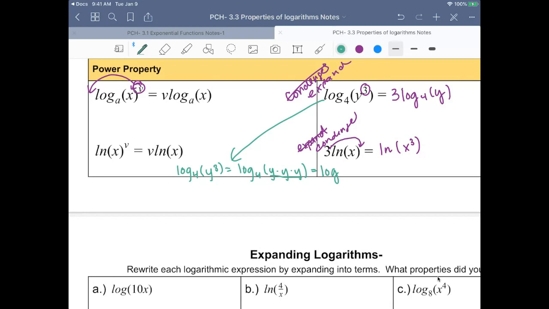I can use my product property and say log base 4 of y plus log base 4 of y plus log base 4 of y. This is repeated addition, so we have 3 times log base 4 of y. That's why that works.